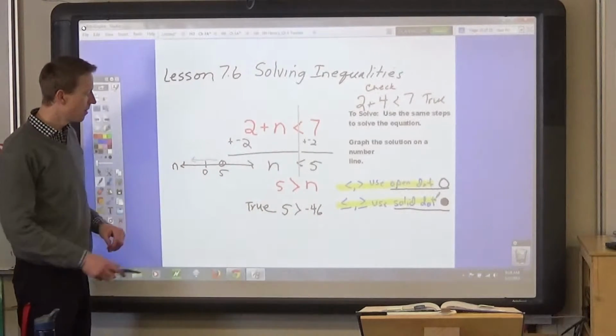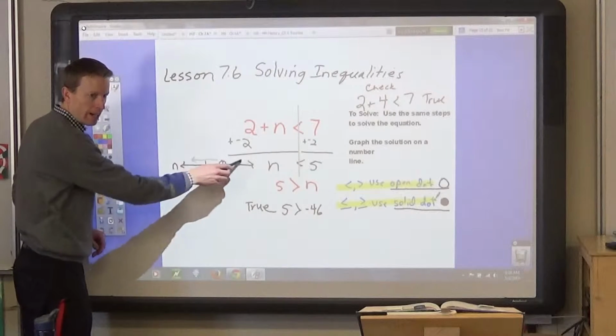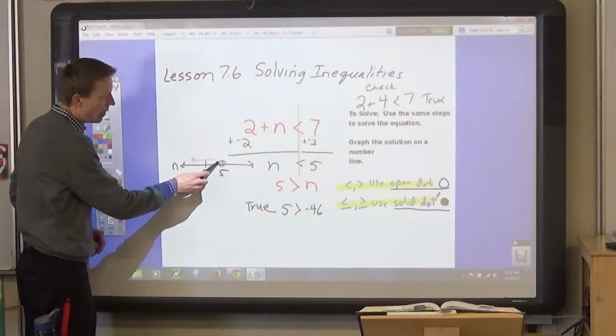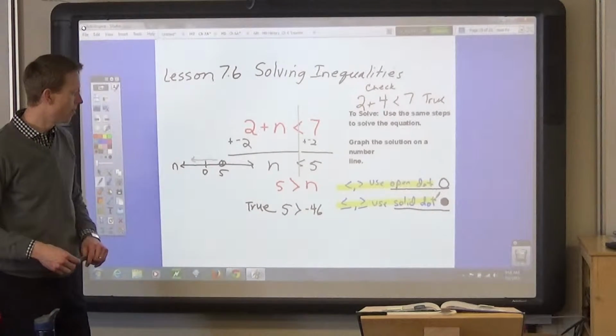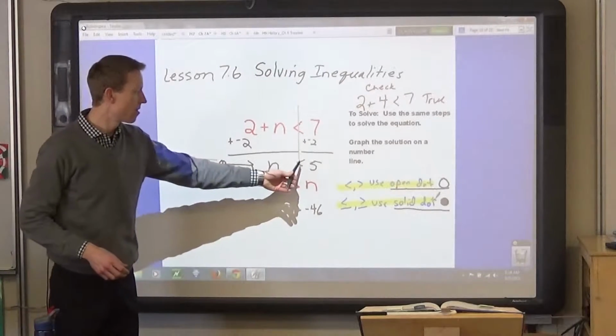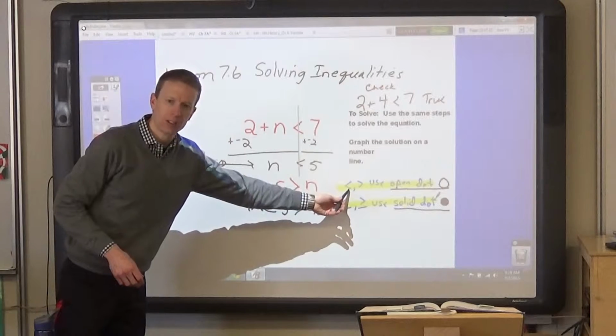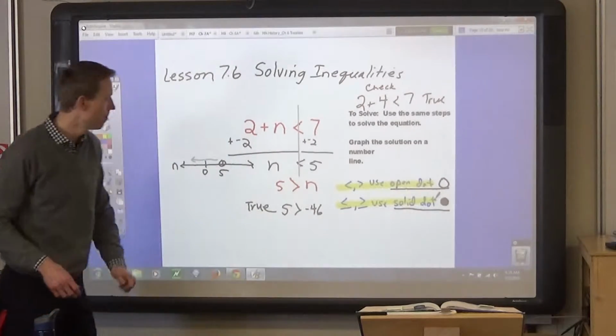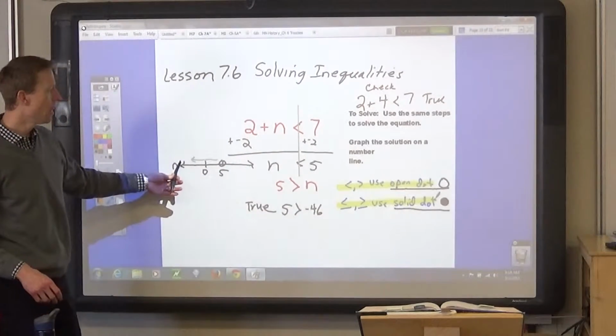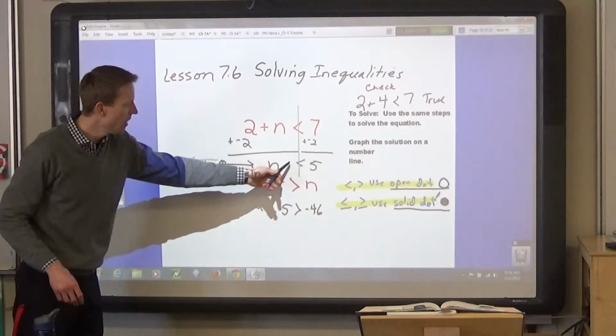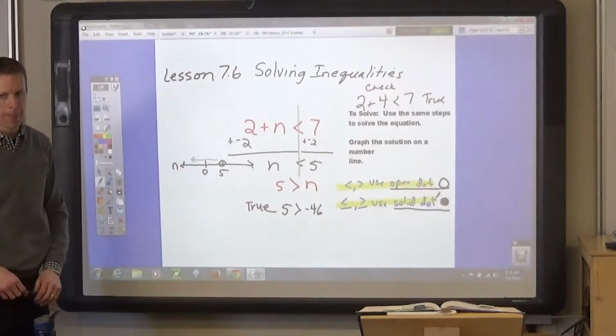If we graph this on a number line, we'd have to use an open dot on the 5 because it is just the less than sign. Remember, use open dot for less than or greater than. And then point it to the left because n is less than 5.